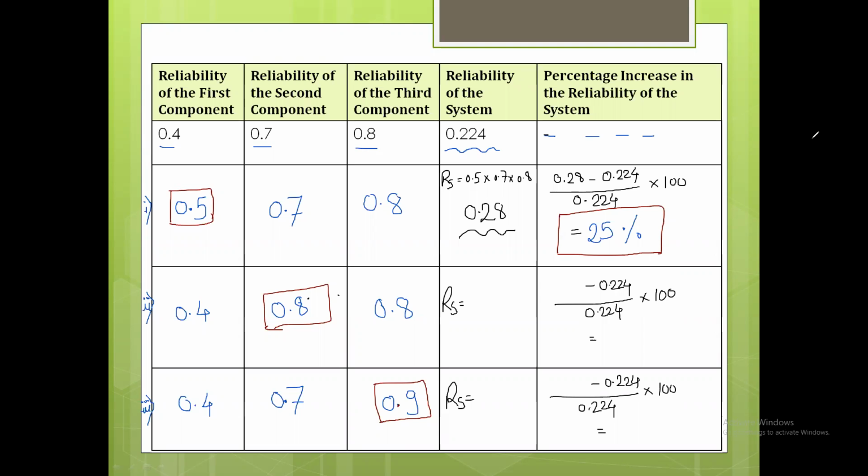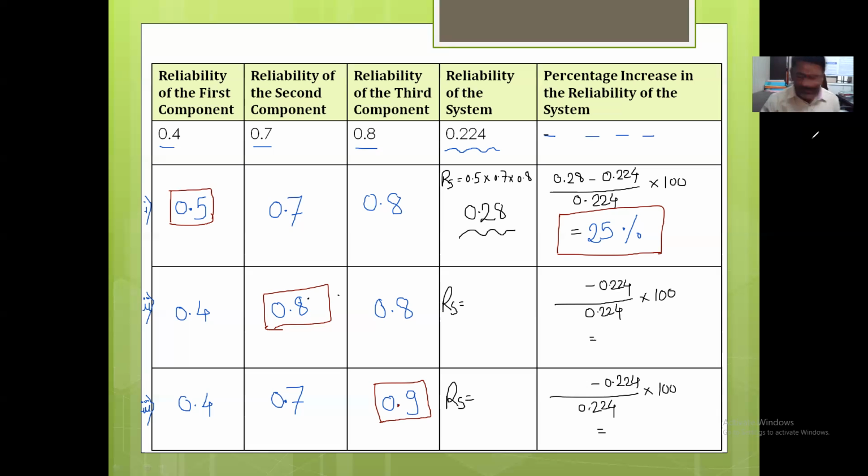Yes, Madhavji. For the second example, the reliability of the system is 0.256. Can you write down the block diagram? Yes, sir.